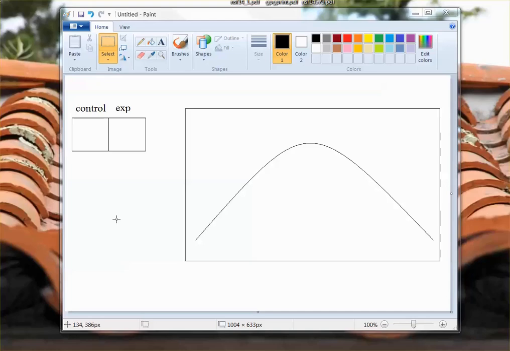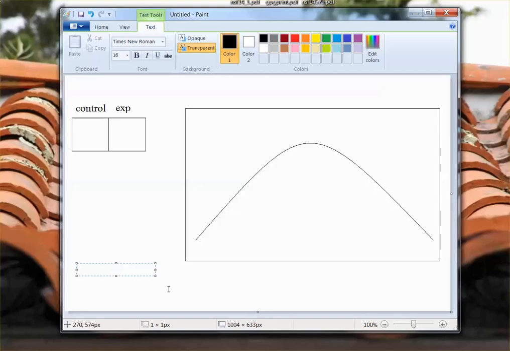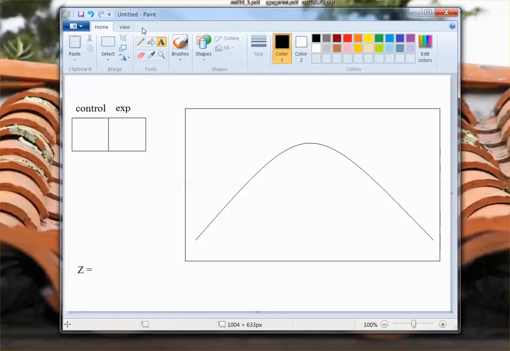One thing that I realized I left off in that other video is that there's one little caveat. Our z is going to equal our sample mean subtracted from the population mean mu, and we were dividing by the population standard deviation.